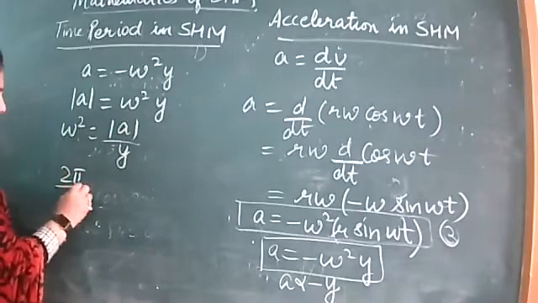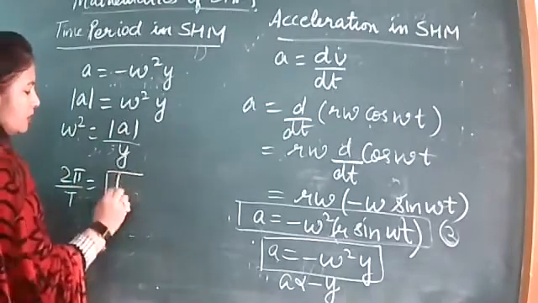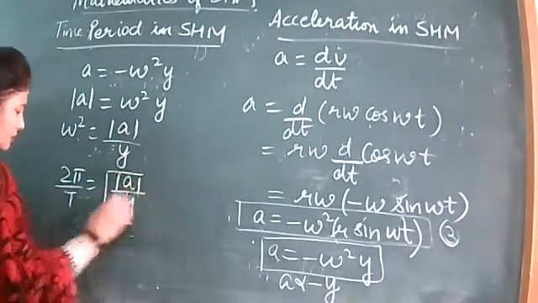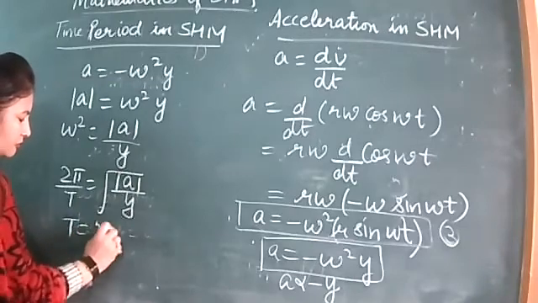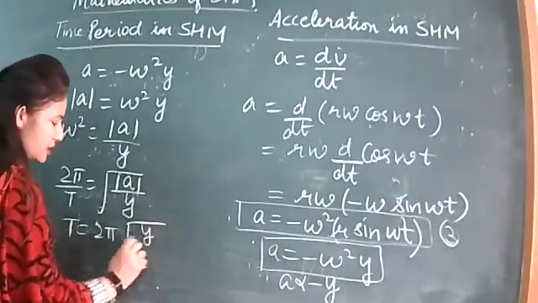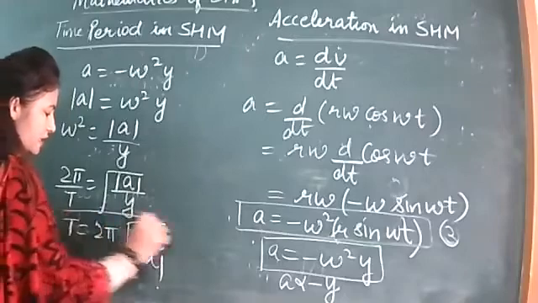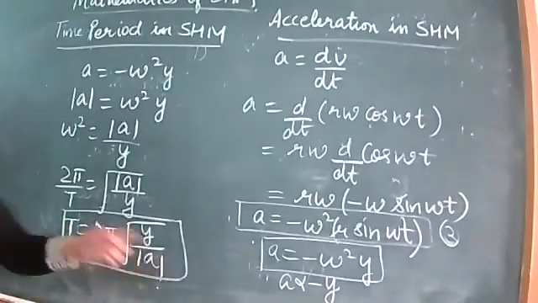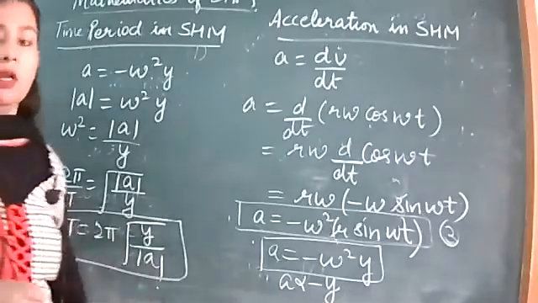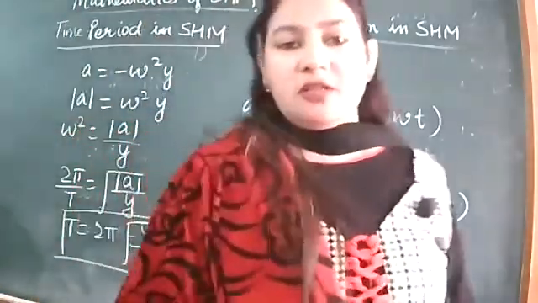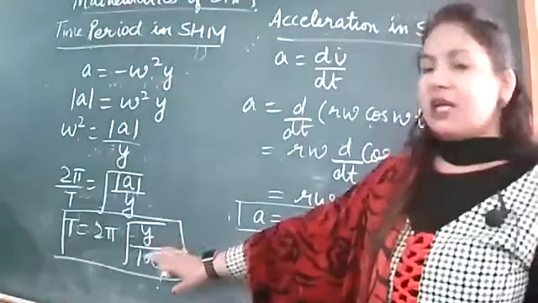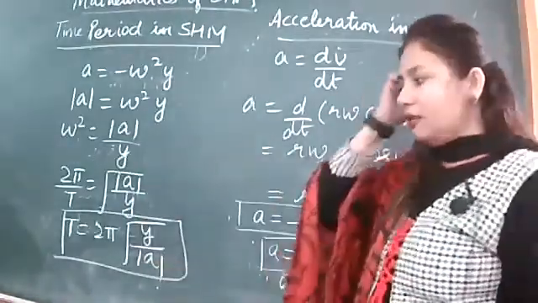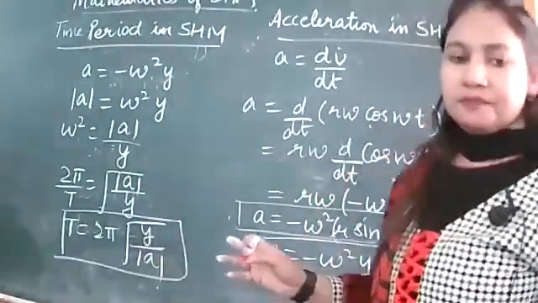Omega is 2 pi by T, under root a by y. So from here we get a formula for time period in SHM, that is 2 pi root y by a. Only the positive value of a, because a is negative, but negative under root will not be defined. So that is why we are dropping the negative sign and taking the absolute value of acceleration.